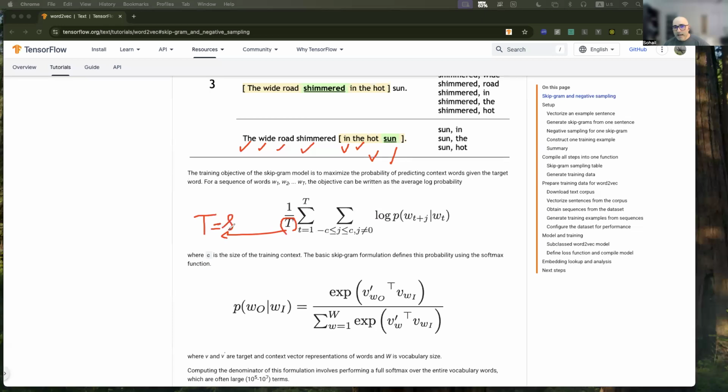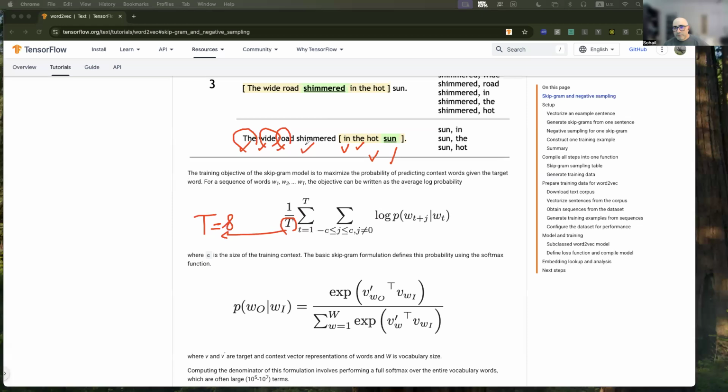You can have a corpus, you can have a novel, and so on. So that would be the total number of words that you have. You can see that it applies from 1 to T. It means that it considers this objective function, which is based on skipgram, for every word.